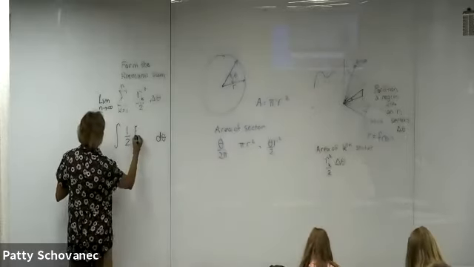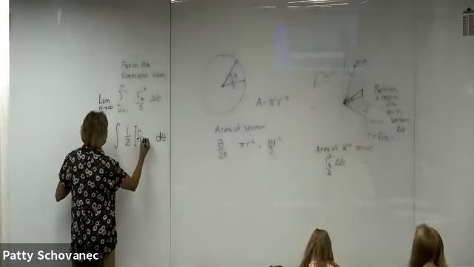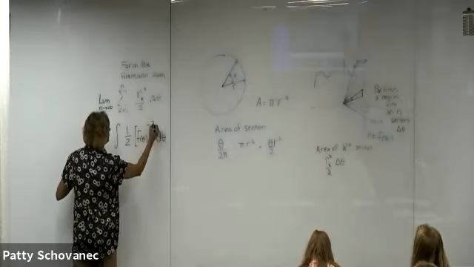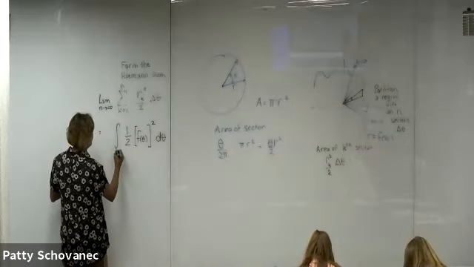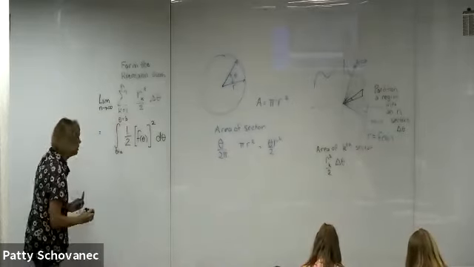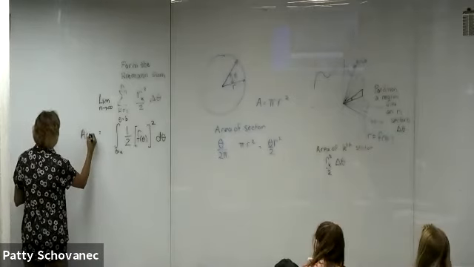In here, we'll put the function's formula as a function of the independent variable theta, but you've got to square it. And then this goes from theta equal to A to theta equal to B. So in polar coordinates, there's the formula for area.